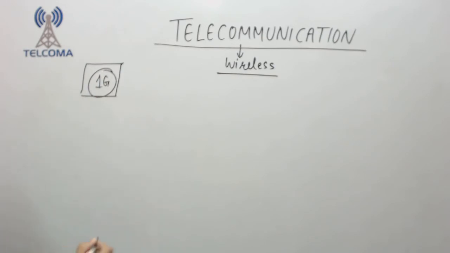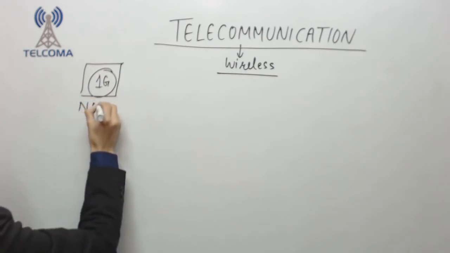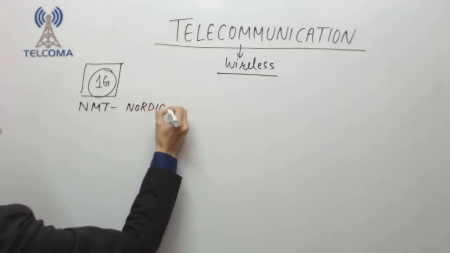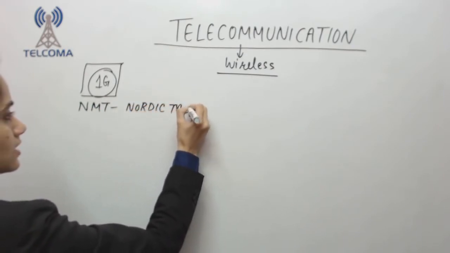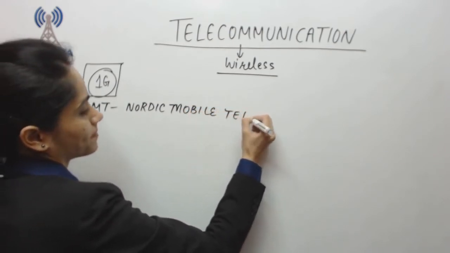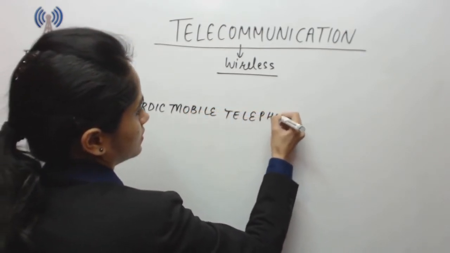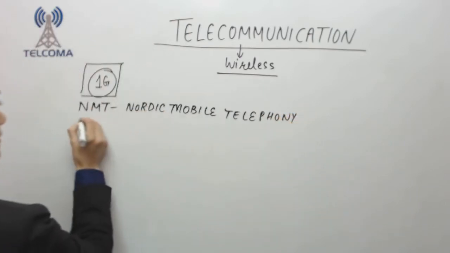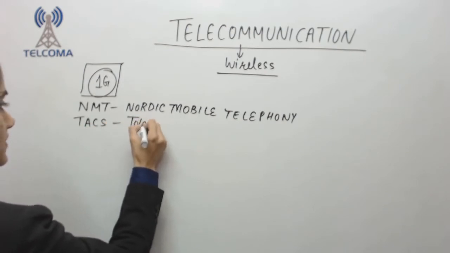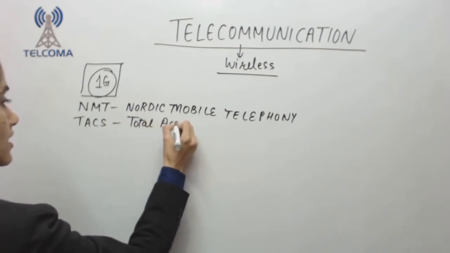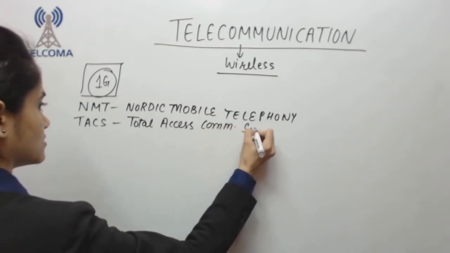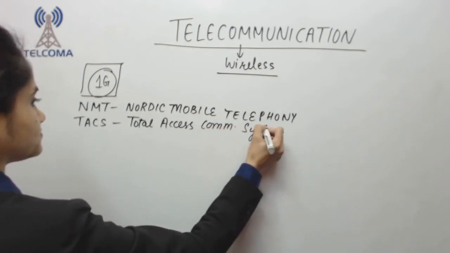The first generation has technologies like NMT, which is Nordic Mobile Telephony. We have TACS, which is Total Access Communication System.